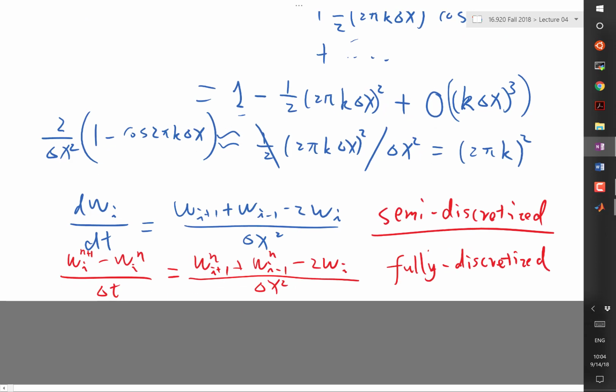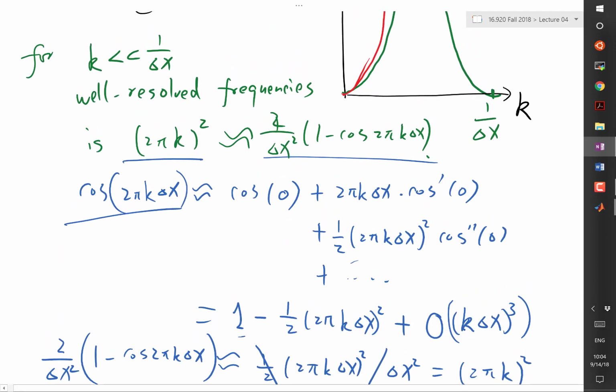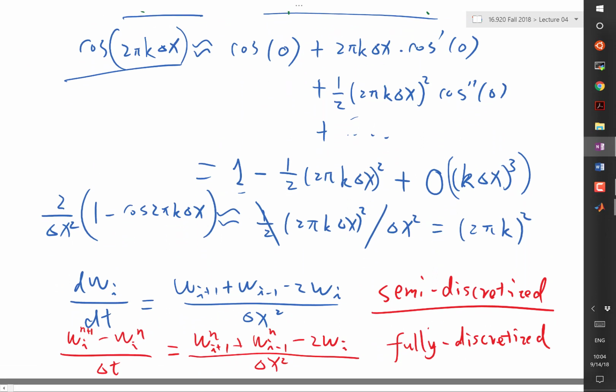So for the fully discretized equation, we can do exactly the same analysis. The same analysis is going to give us not just the time derivative, but actually what the solution at the next time step looks like.